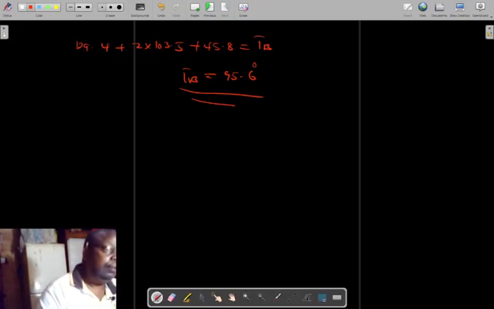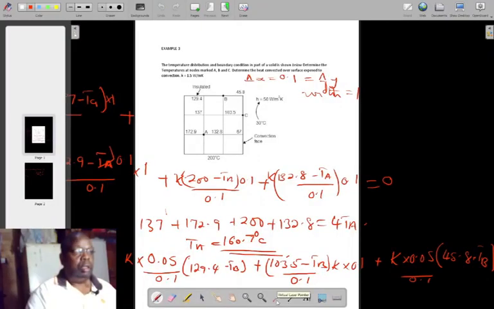So for C, let us go finally to C. C is in direct communication with that face, that face there, and the convective environment.